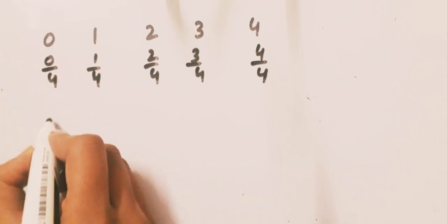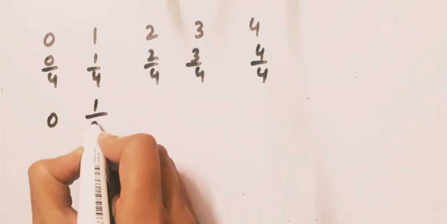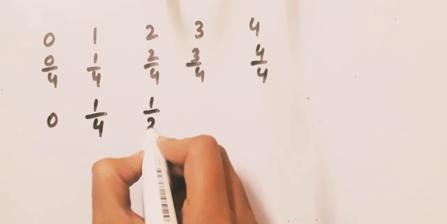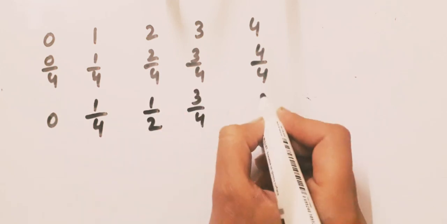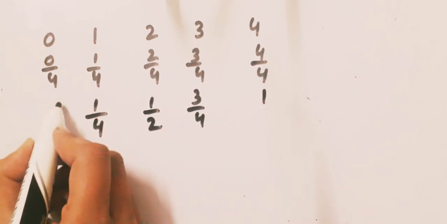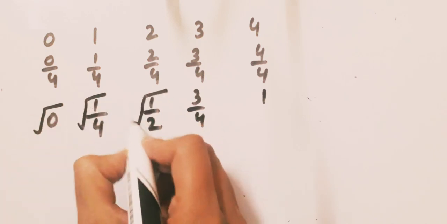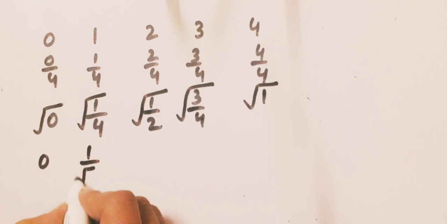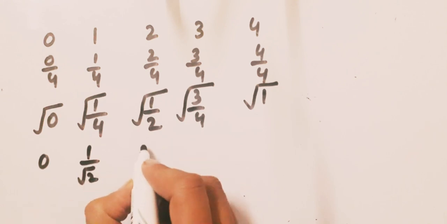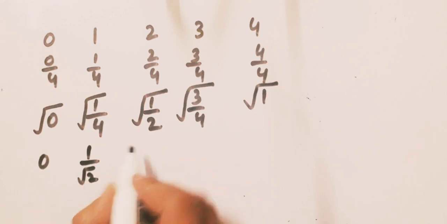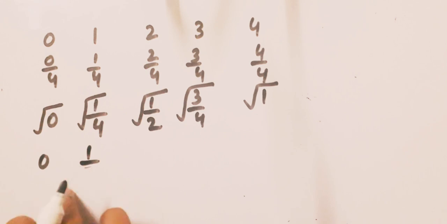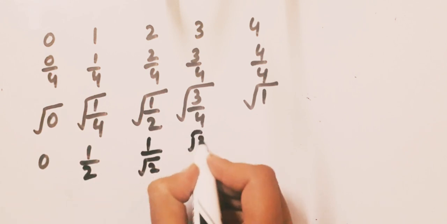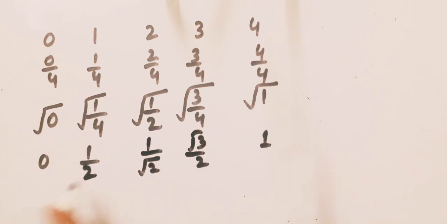So 0 by 4 is 0, 1 by 4 is 1 by 4, 2 by 4 is equal to 1 by 2, 3 by 4 and 1. Now you have to take square root on all these terms. It will become 0, 1 by 2, 1 by square root of 2, square root of 3 by 2 and 1.